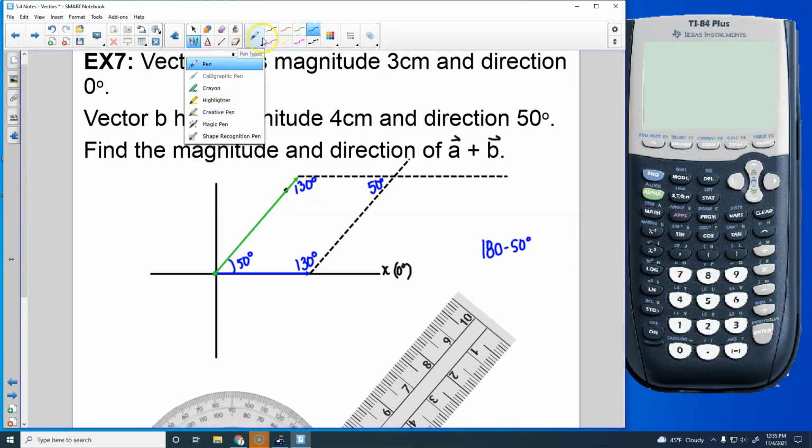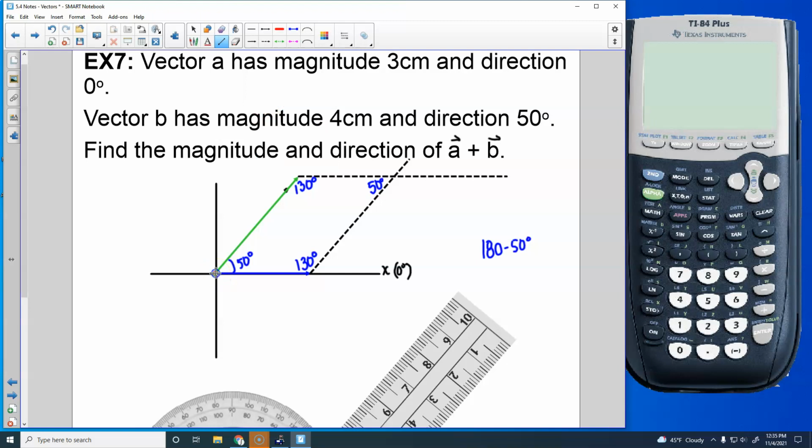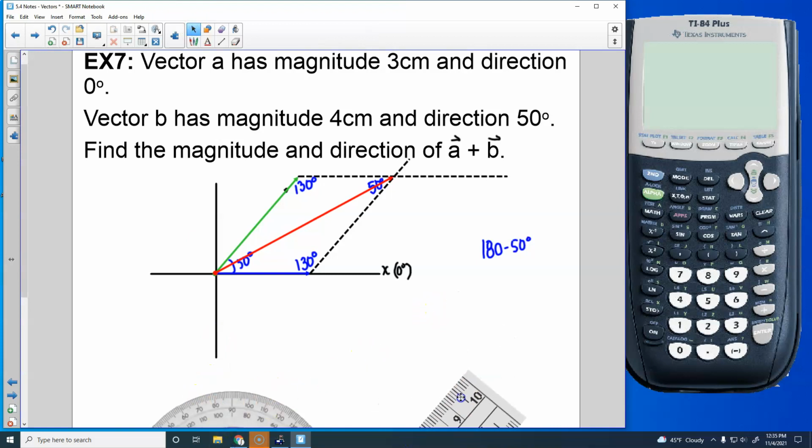And so the resultant vector is going to go from the common endpoint here to the opposite corner over here. Okay, questions on our picture?